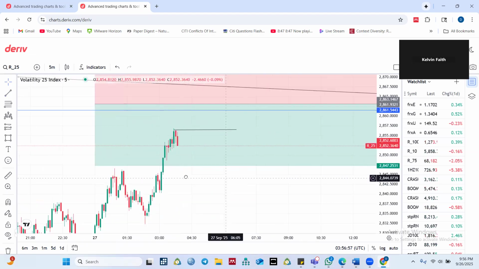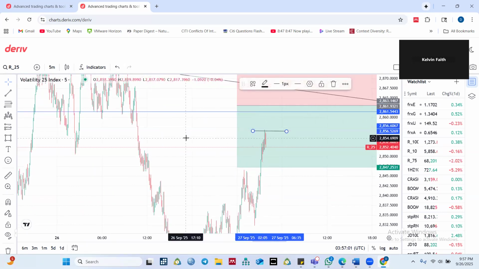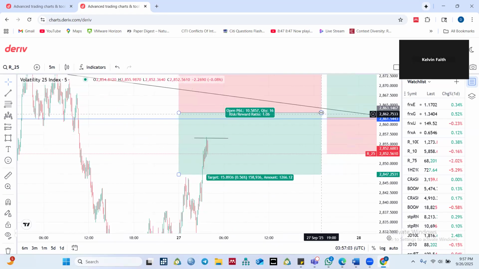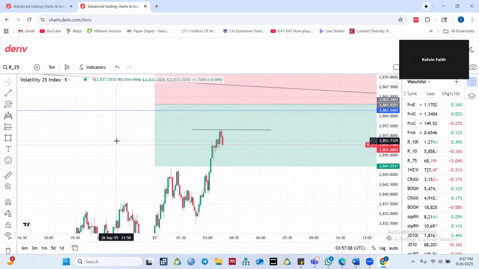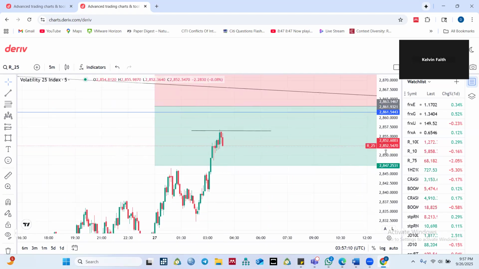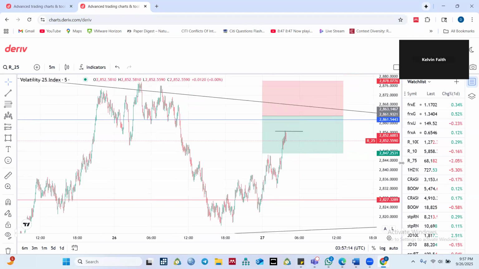The most important thing is we have to be in premium. It's not always that the market will give you that optimum entry that you're looking for, but we still have to wait a little and see what is happening.